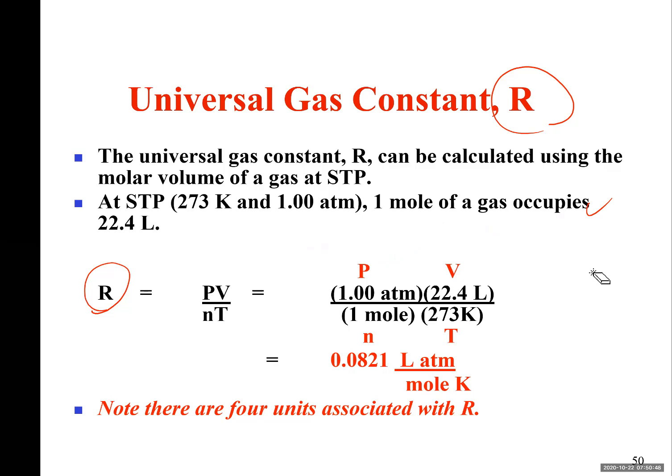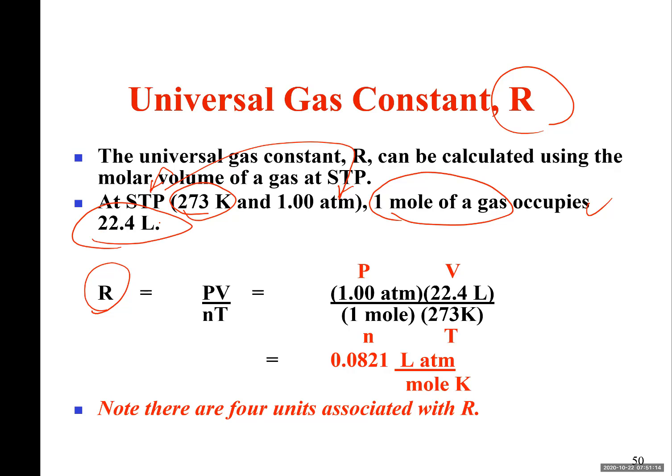Remember, we said based on experimental fact, 1 mole of any gas under the standard temperature, which is 273 K, has a pressure of 1 atmosphere and a volume of 22.4 liters. 1 mole of any gas at the standard temperature and the standard pressure has a volume of 22.4 liters.